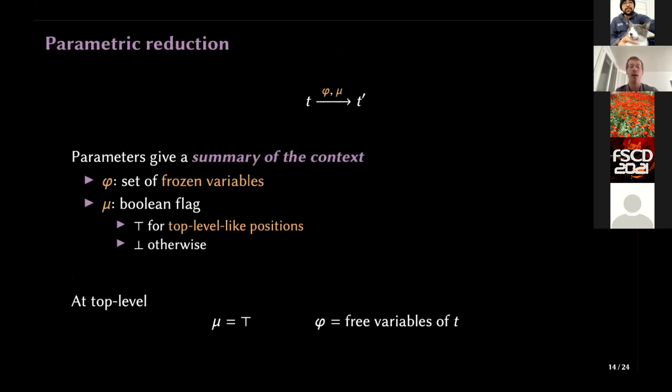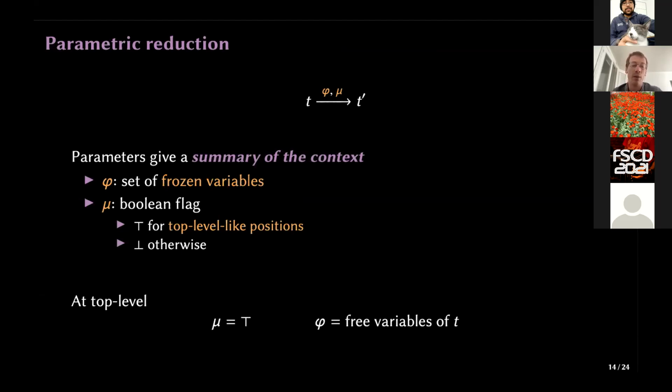And so for this, we will add parameters to our reduction relation, parameters that track this context information. These two parameters are a set phi of variables that are known to be frozen at the current position, and a Boolean flag mu, which indicates whether we are at a top level like position or not.